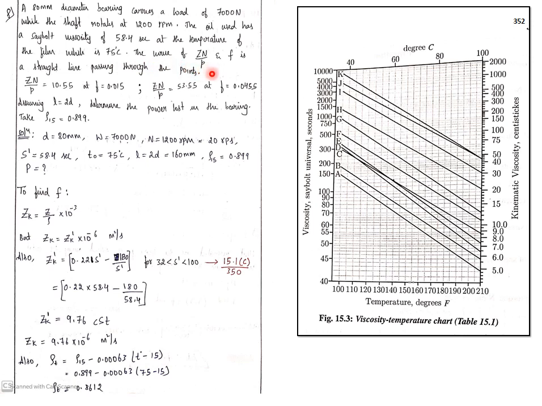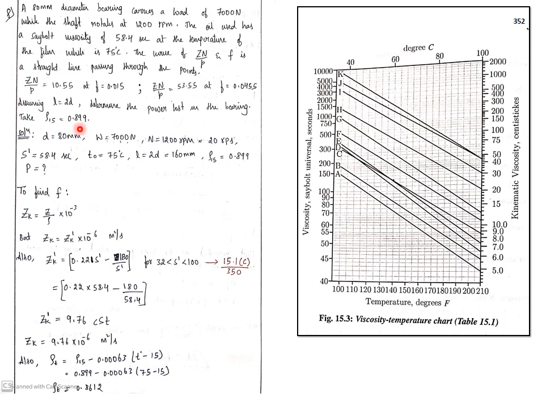The curve of ZN by P versus F is a straight line passing through the points ZN by P is 10.55 at friction 0.015, and this is another set of equations. Now assuming L equals 2D, determine the power loss in the bearing. Take the specific gravity of the oil as 0.899.